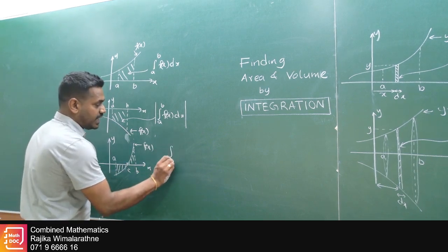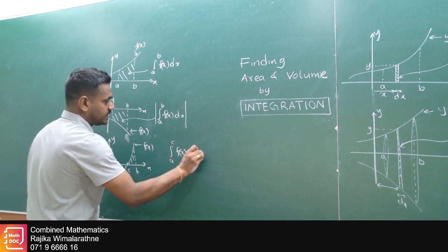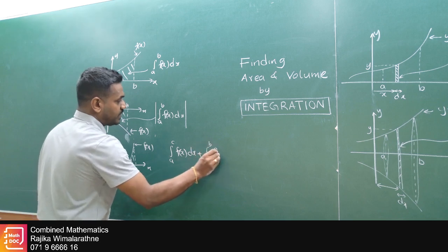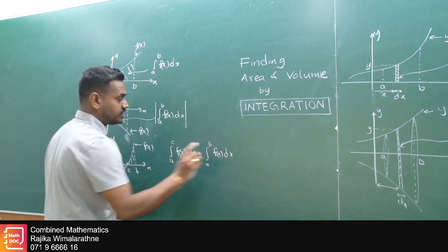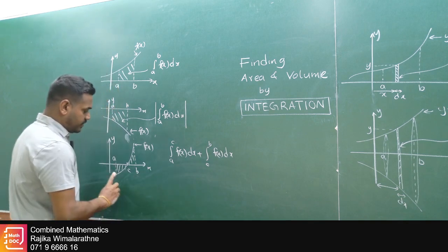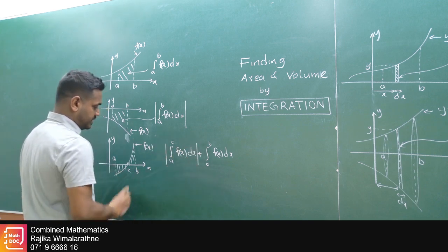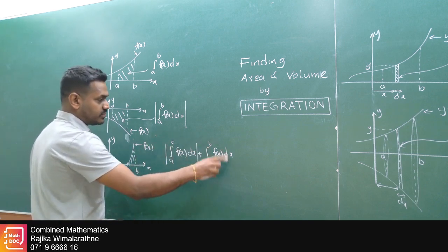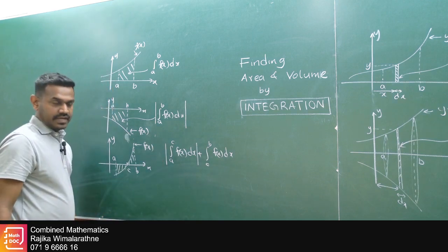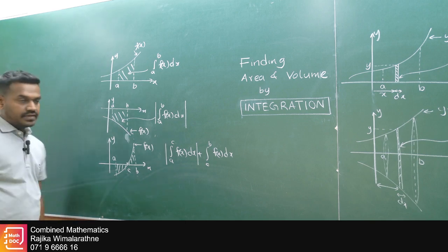So now you get the integral from A to C of f(x) dx, then the integral from C to B of f(x) dx. Don't do it at once. You need to do it separately. Now A to C, the area is negative, so you put the modulus sign. Then C to B, the area is positive, no need to put the modulus sign. Then this will be the area.